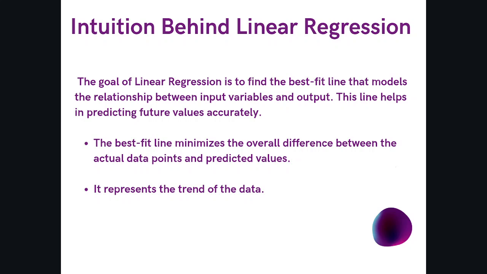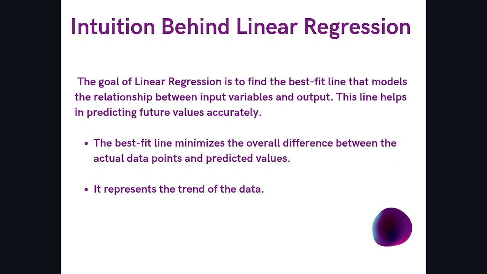This line helps us in predicting future values accurately. As I have said earlier, we have built the model, we have built the graph, and we have the predicted line that is the best fit. So if anyone gave us a particular rainfall parameter, that this much rainfall happened, I just want to predict how many umbrellas are going to be sold.